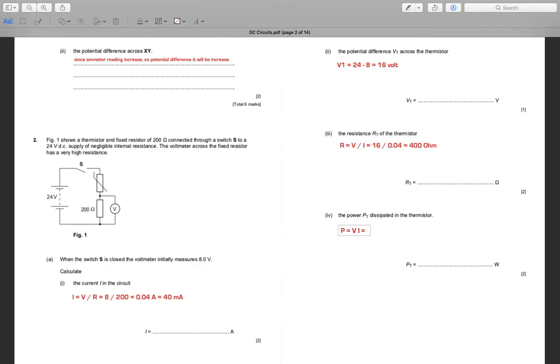V on the thermistor is 16 volts, times I on the resistor, 0.04. So 16 times 0.04 is 0.64 watts.